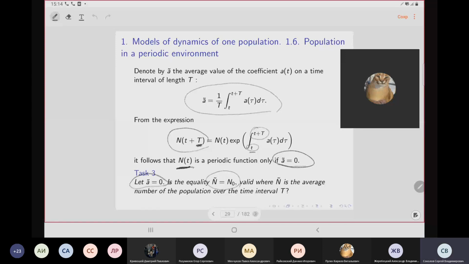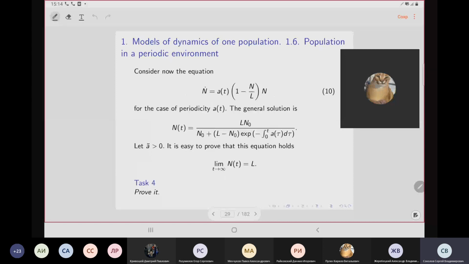Another simplification. Let us consider the Verhulst equation with periodic A. In this equation, we can see that the exponent of A t becomes the exponent of the integral of A. And another question for you: let the average value along the period be positive.